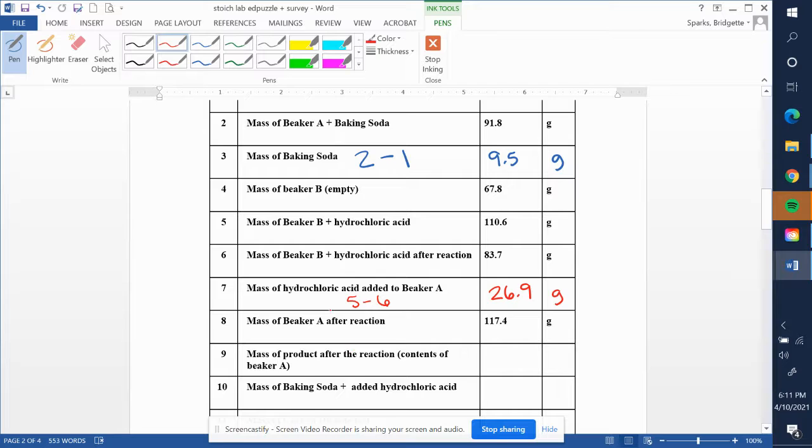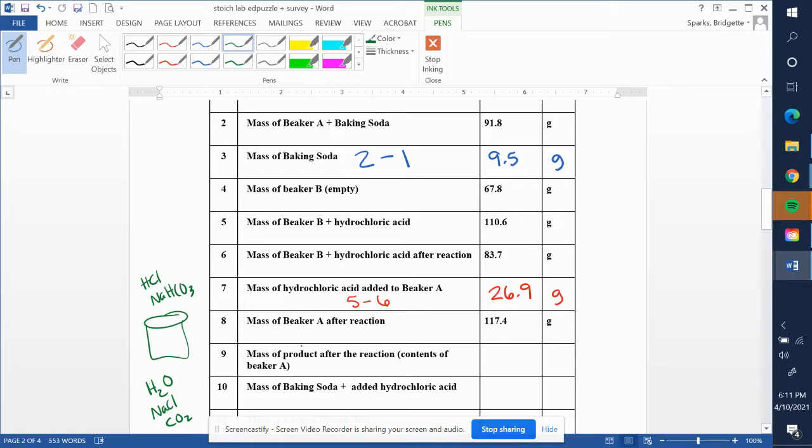So we're going to take the mass of the beaker and all the contents after the reaction took place. You had the acid and the base. We added HCl to NaHCO3. And then what ends up happening is we make water, we make salt, and we make carbon dioxide.